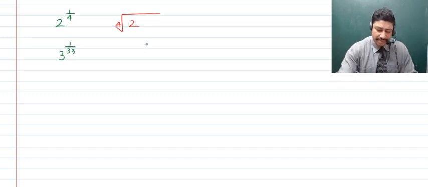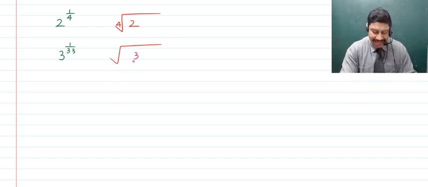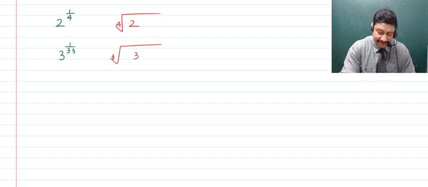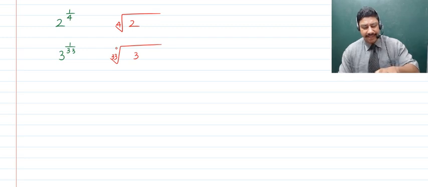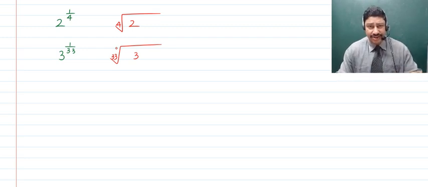So again we will be able to write this as the number 3 written within the root sign, and in this space we will write 33. So this will give us the 33rd root of 3, and this is an irrational number.